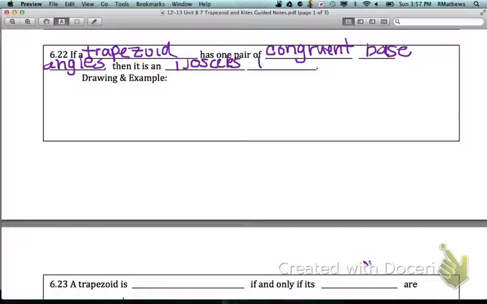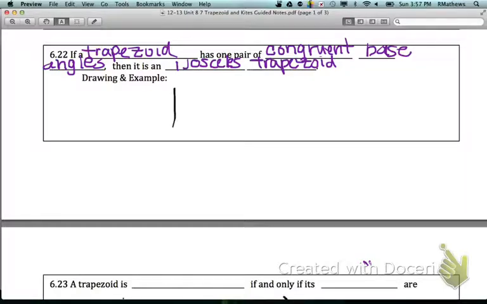Okay, so what that means, right, effectively is that if one pair of base angles is congruent, then the other pair must also be congruent, right? Because we know that from the last theorem that all trapezoids have two pair of base angles. But one way to prove if something is an isosceles trapezoid is just by if you know one pair is congruent. And so that would look something like this.